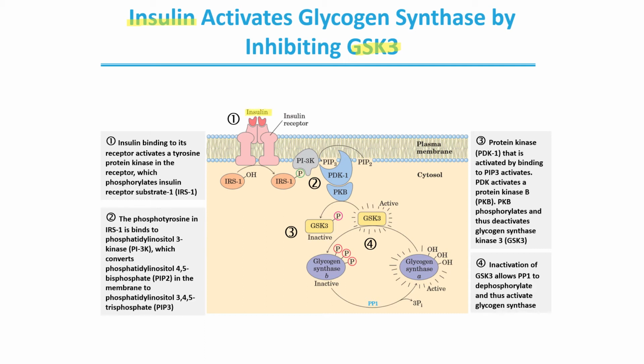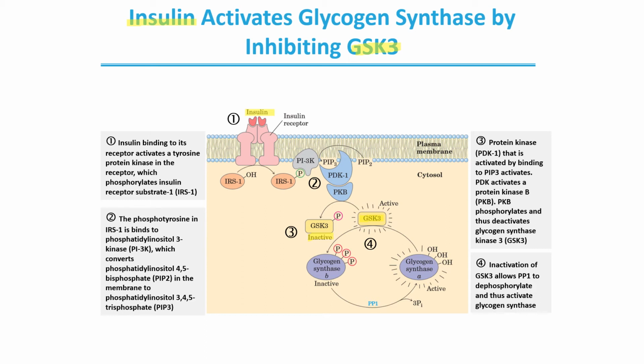When the insulin binds with its receptors, it goes through a cascade of events. It works through the P2 second messenger system, and the overall effect is to make this GSK3 inactive. As we can see here, it's going to activate the PKB enzyme, which converts GSK3 into the inactive form.